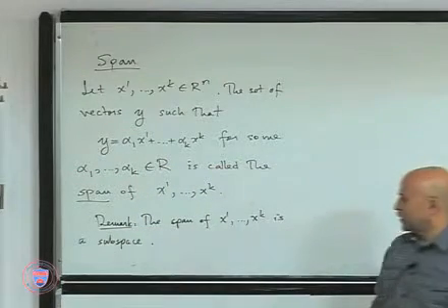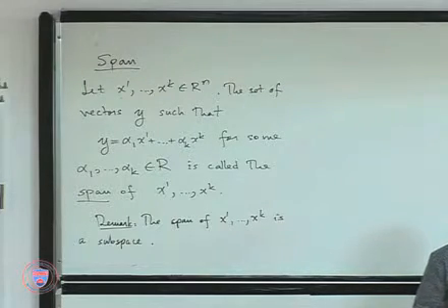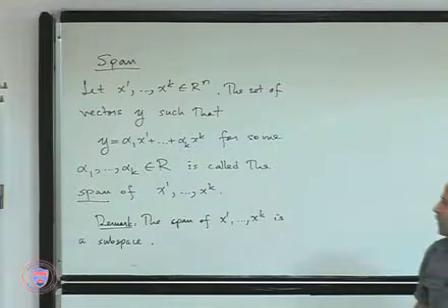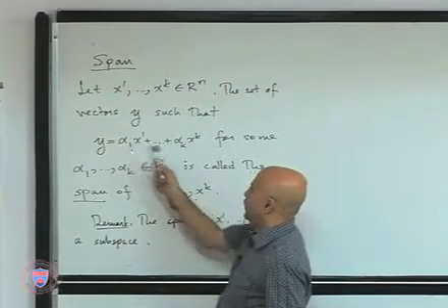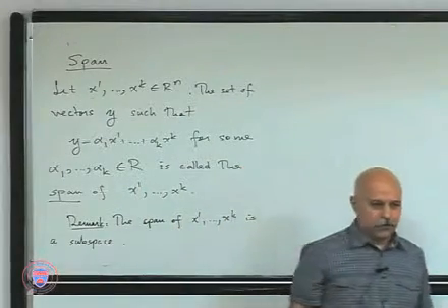The span of x1 through xk is a subspace. Why? Why does it contain the origin? Alpha equal to 0. Yeah. Obviously, taking each alpha equal to 0 is a possible choice.